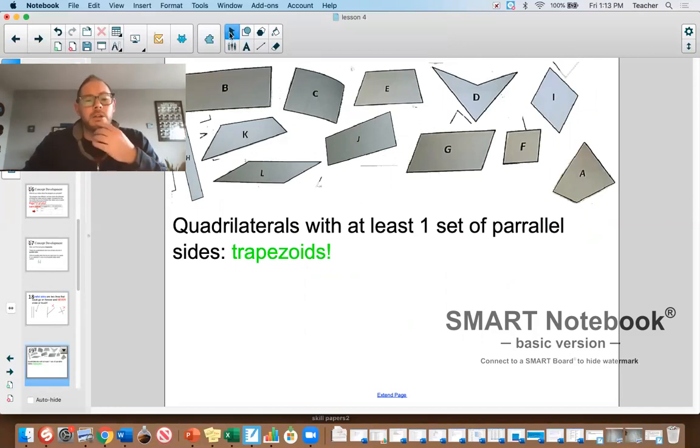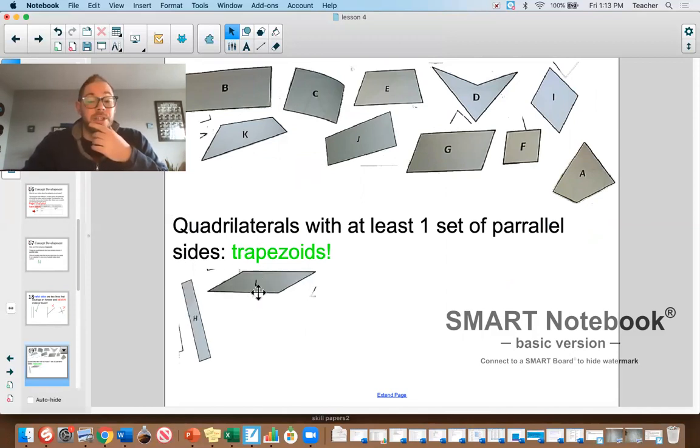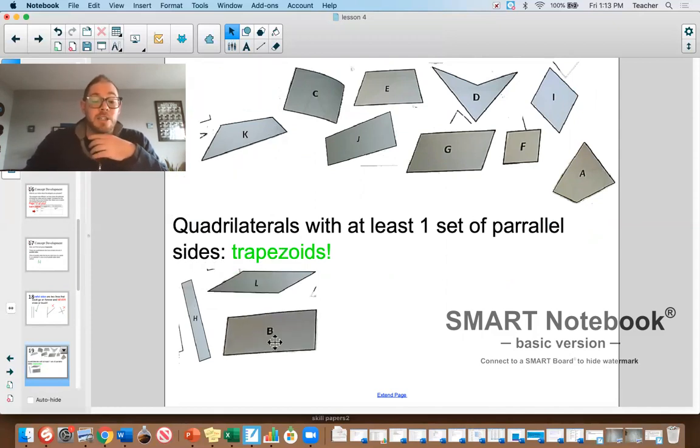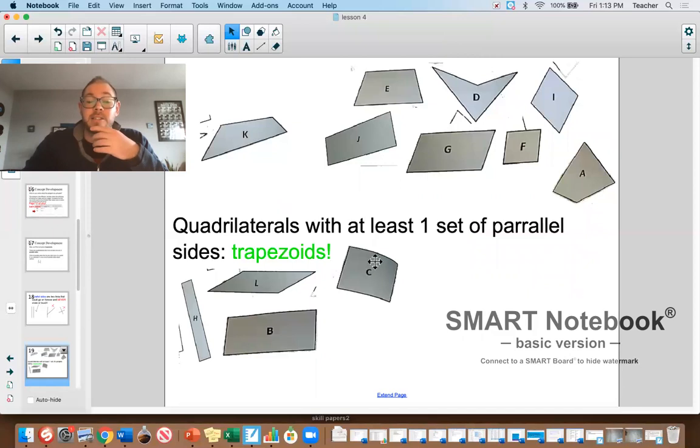Let's take a look. H, this side and this side are parallel, so that's a good one. L has 2 parallel sides. Here they go. This one and this one look parallel. B looks like it has 2 parallel sides, the top and the bottom, and that side and that side. C looks like it has 2 parallel sides, the top and the bottom, and the left and the right side. J looks like it has 2 parallel sides.